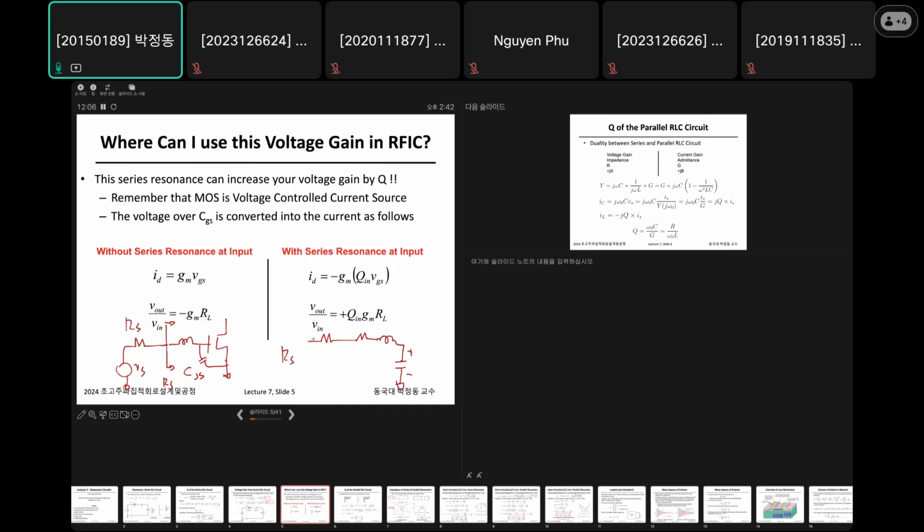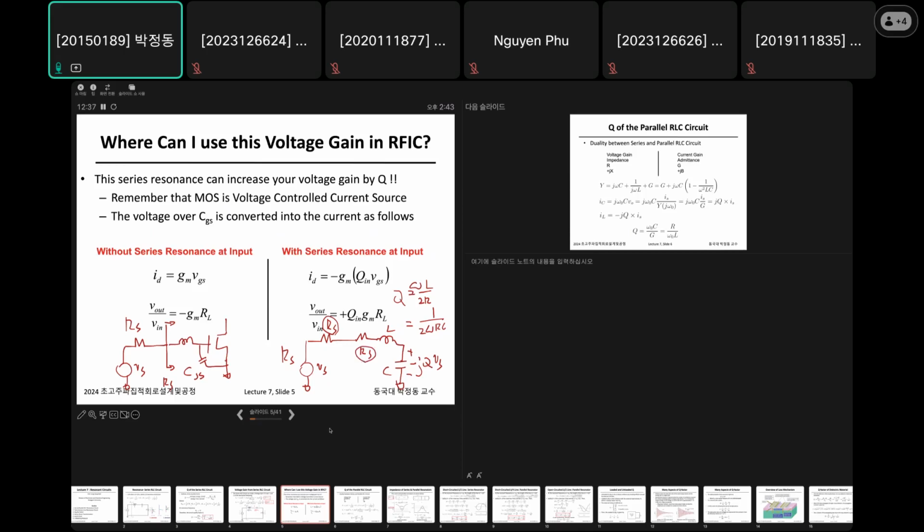Again, VC is -jQVs. Here, Q is what? ω0L/R or 1/(ω0RC), in this case because you have R here.